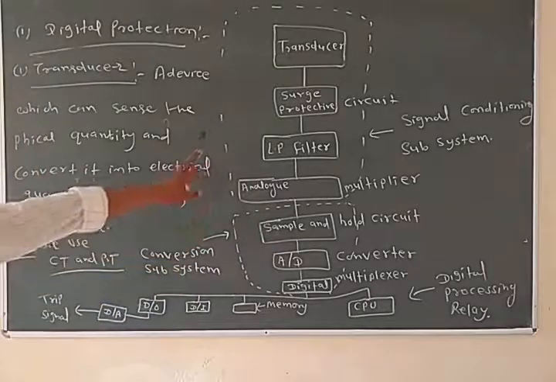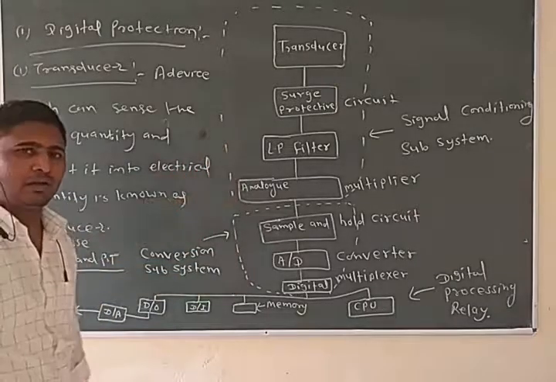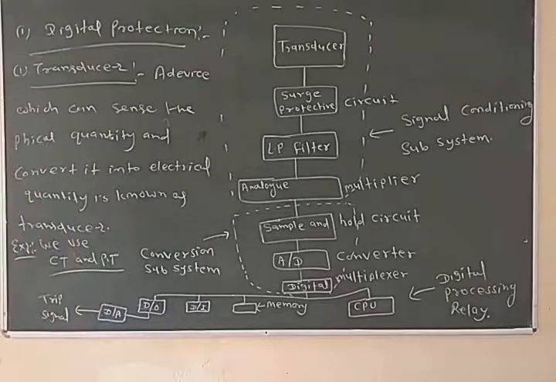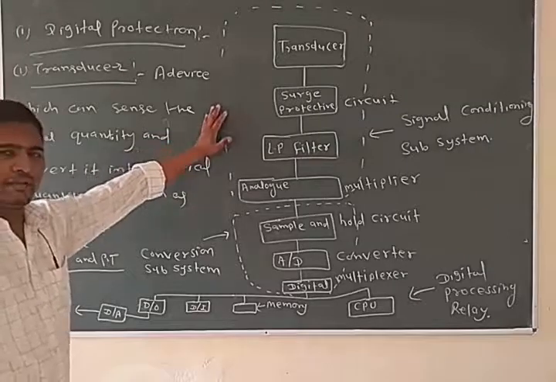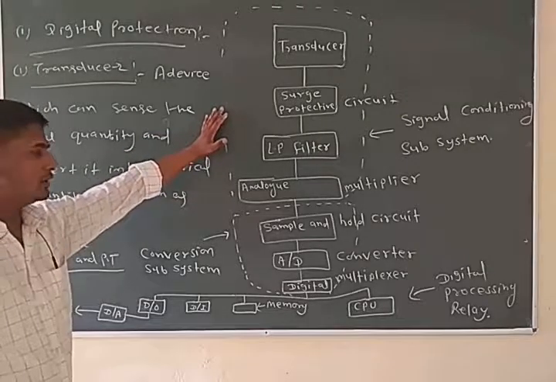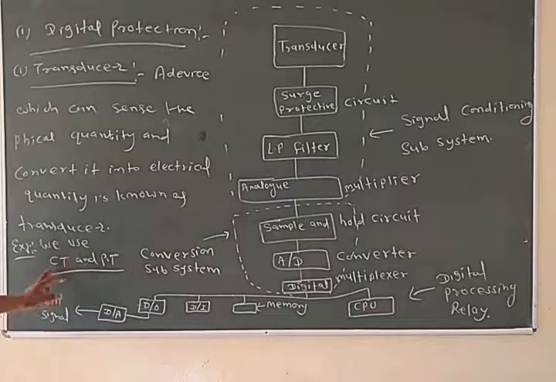But our digital protection system cannot work at these high values. So this high value of voltage and current is reduced with the help of instrument transformers, that is CT and PT.